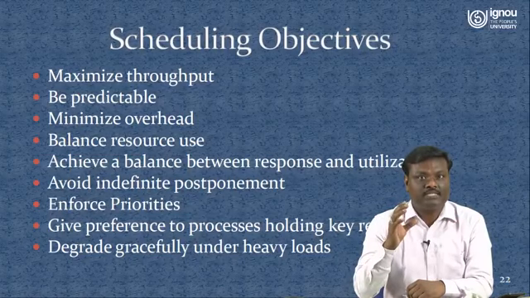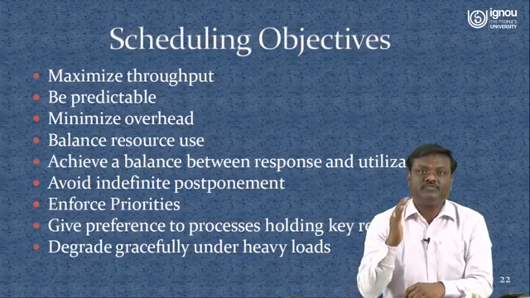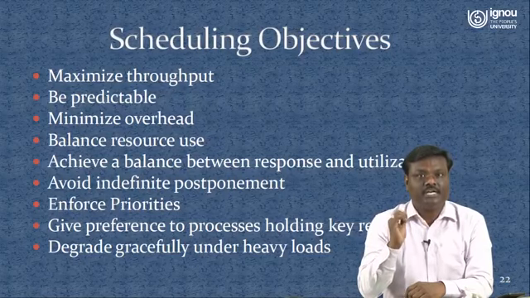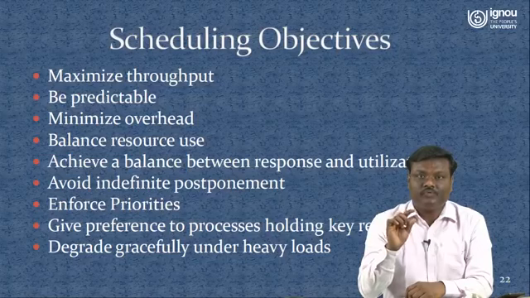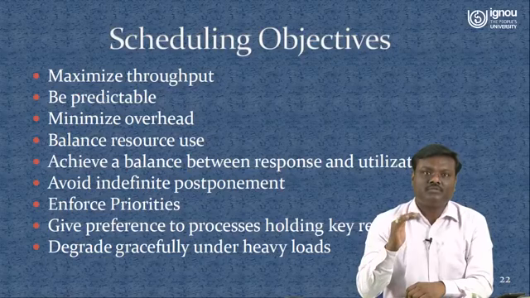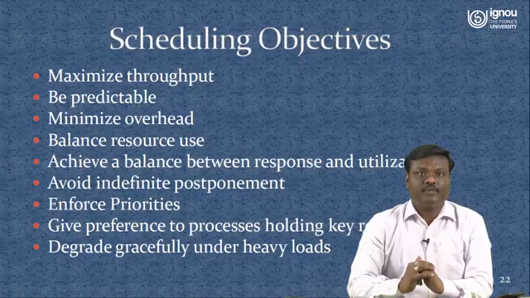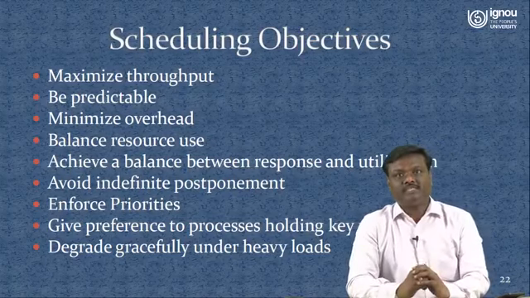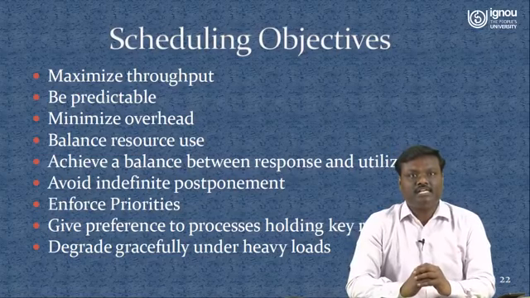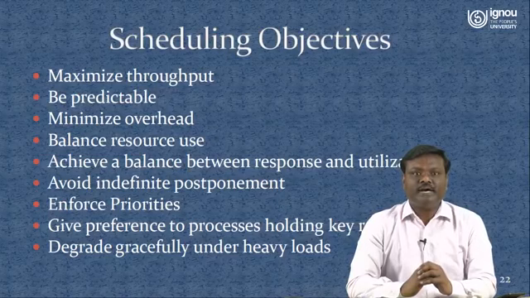Otherwise, suppose one process holds a resource and never gives it up, then the queue will keep growing and starvation may take place. One process is holding the complete resource and the other processes are waiting for the resource to be released, so there may be a never ending wait. A balance mechanism is required in order to handle the resources very efficiently. Achieve a balance between response and utilization, and avoid indefinite postponement.